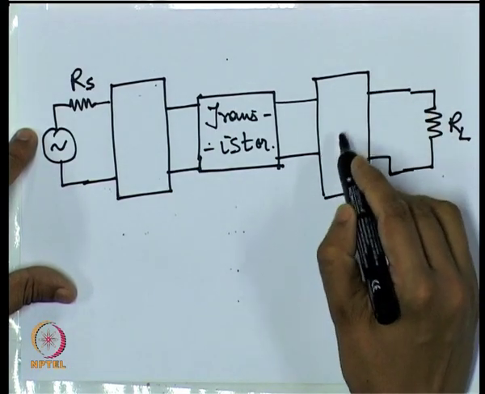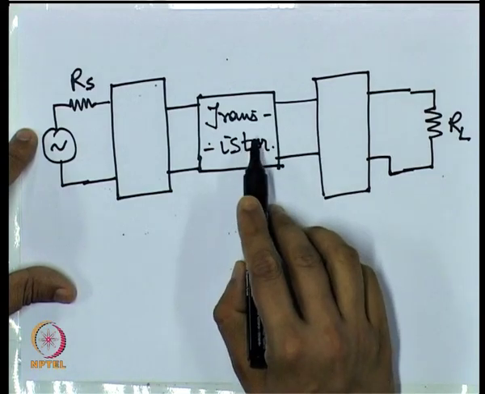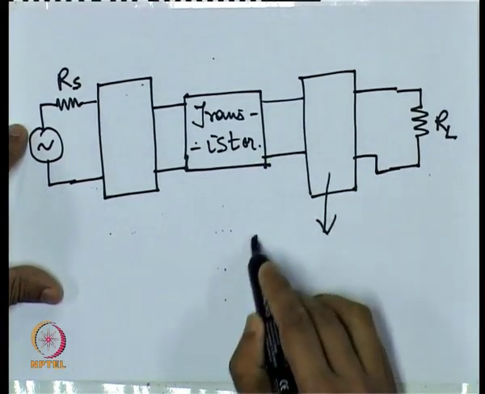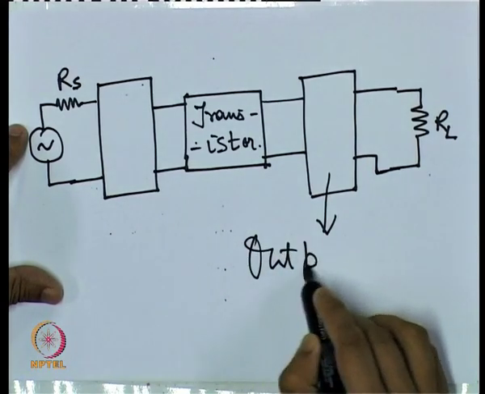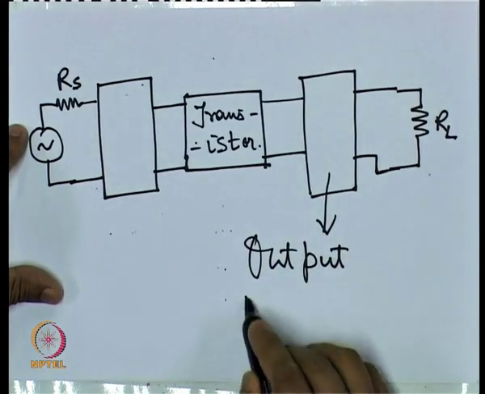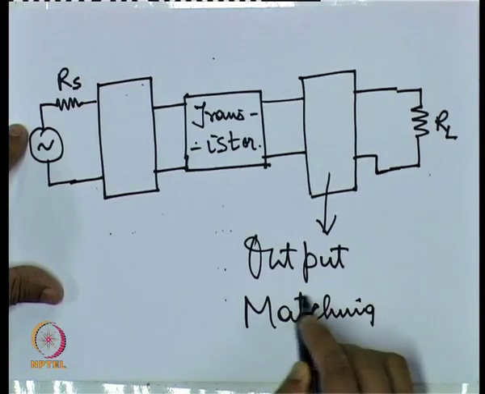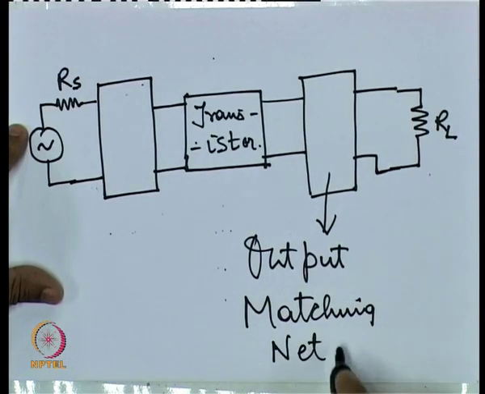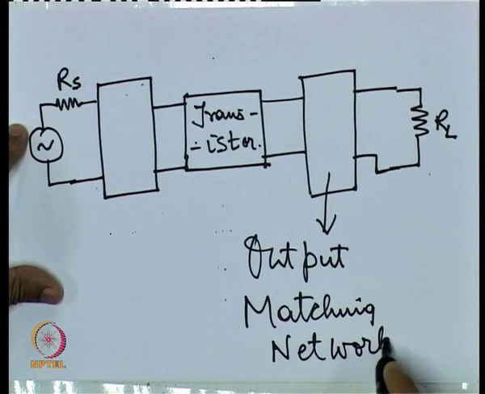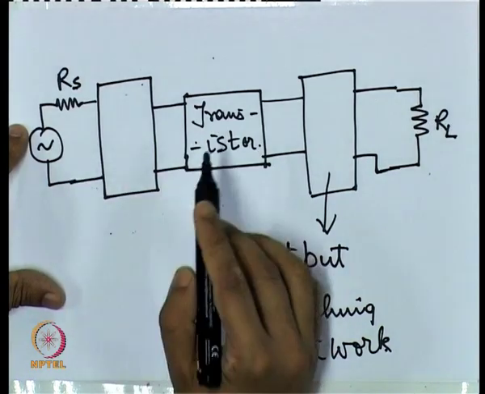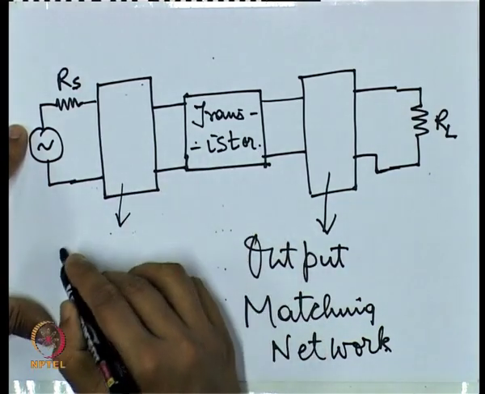Now, this network that is there between the transistor and the load is called the output matching network. And this network which is there between the generator and the transistor is called the input matching network.